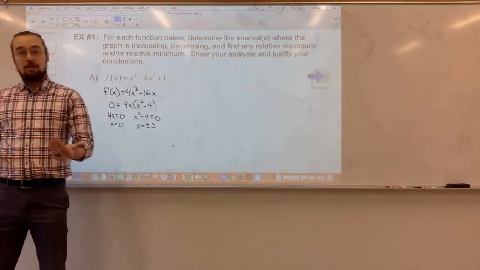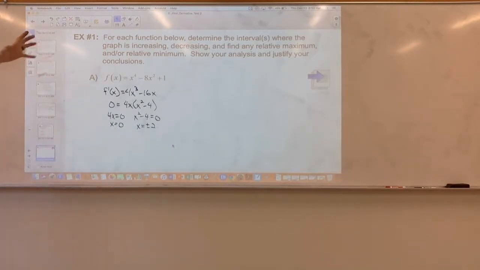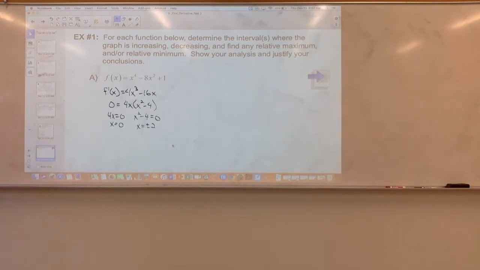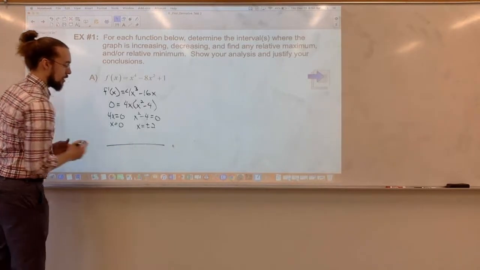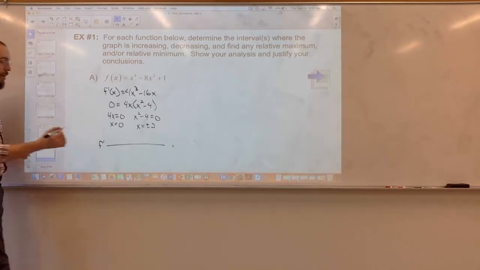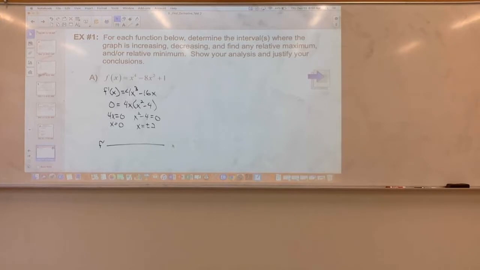The next step then, to figure out all the information that we want, intervals of increasing, decreasing, and where relative mins and maxes occur, I'm going to take these three values and put them on a sign chart. So I'm just going to draw a number line. I'm going to make sure I label this as f prime, because eventually we're going to do a second derivative test as well.